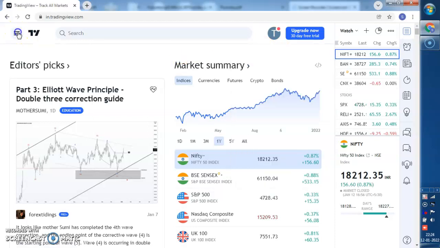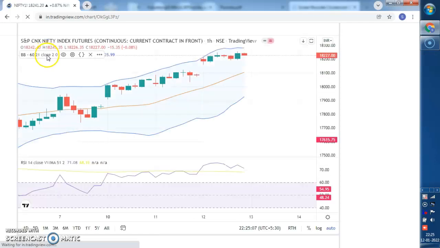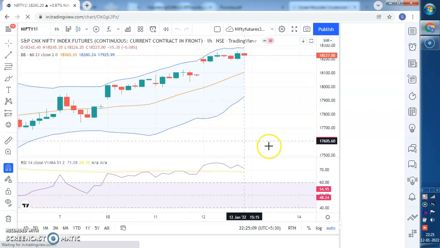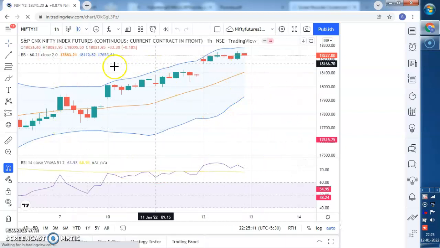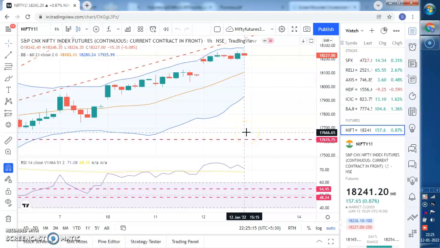So the main component here is the chart. If we go on to the chart, this is something which I regularly monitor, the Nifty 50 future, but I will not get into all this.